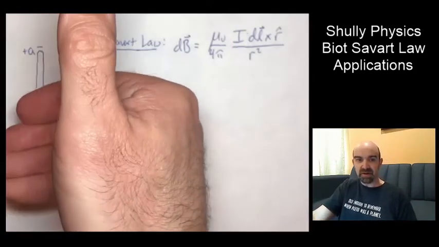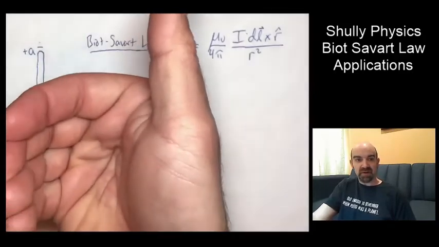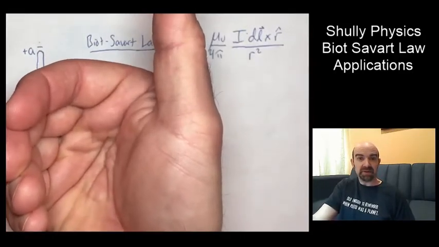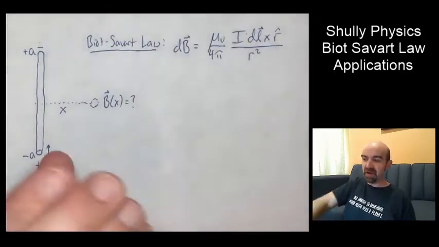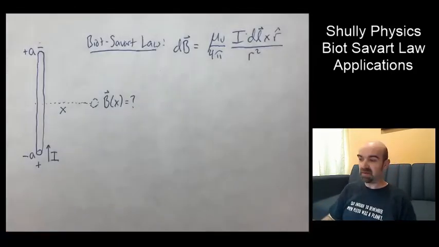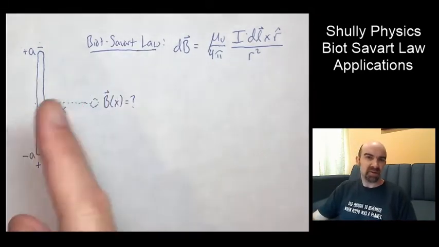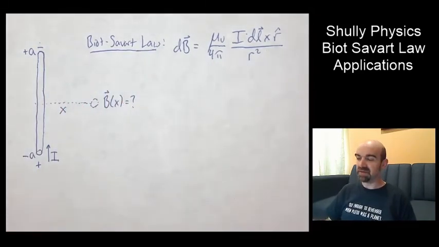Underneath the wire, the field would be going to the left. To the side of the wire, the field would be going up out of the page. And on top of the wire, the current going that way, the field would be going to the right. So it has this kind of swirling pattern. The magnetic field doesn't swirl, but that's the direction of the field at those different points around the wire.